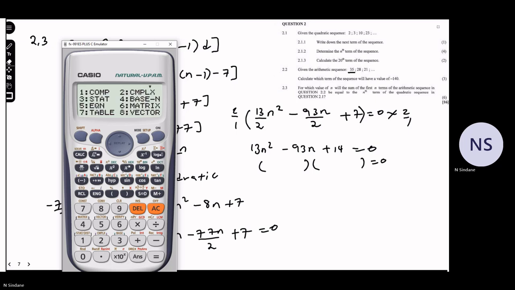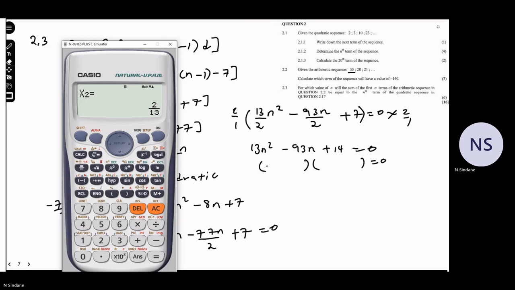We'll set up equation mode 3. And then I have 13, negative 93, 14. And then I'm going to have, okay, the first one is 7, the second one is 2 over 13.